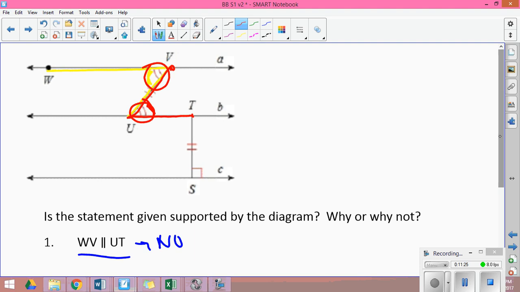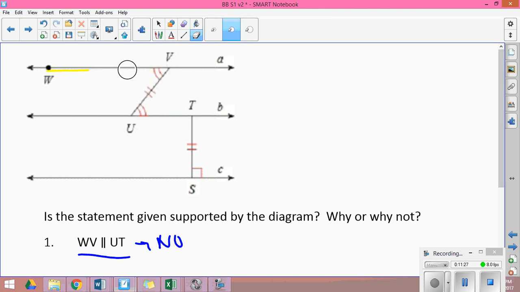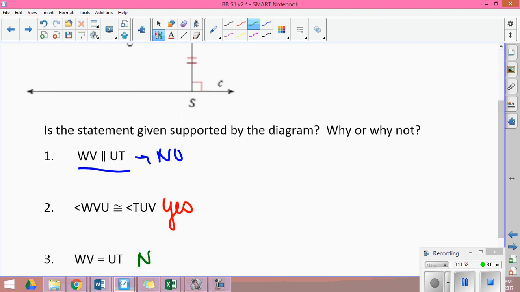We never assume anything, but those hash marks in that picture tell me that that information is true. The next one is that WV is equal to UT. So where is WV? W to V is right here. U to T is right here. There are no hash marks on those segments, and so I have no way to prove that those are congruent.